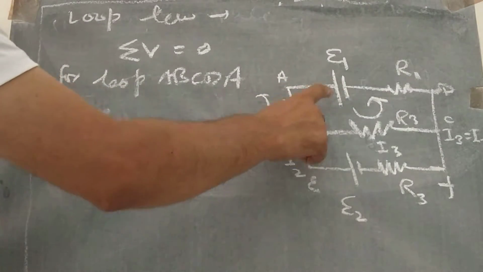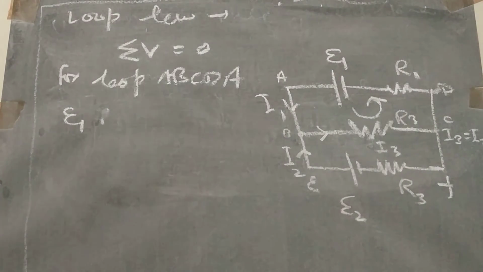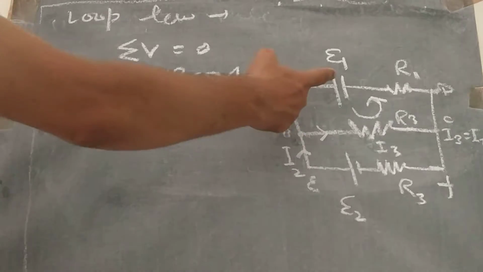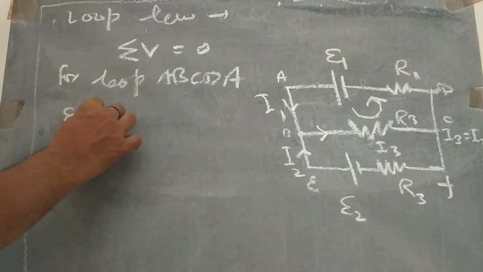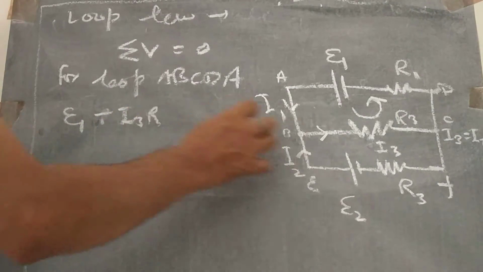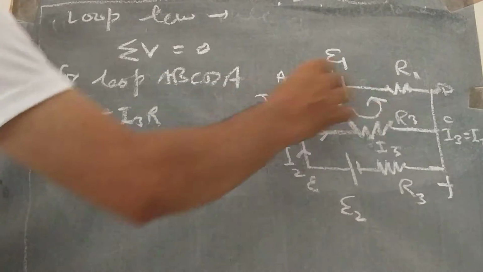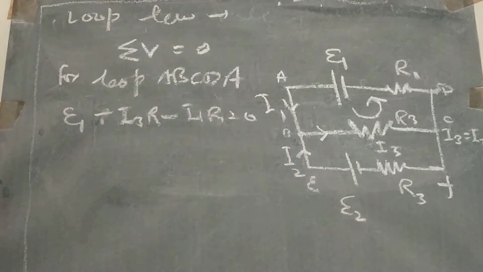In the increasing potential, voltage is taken to be positive, but in decreasing potential, voltage is taken to be negative. But I am starting from the positive, therefore moving in decreasing potential, therefore it will be I3 R3, again for resistance R1 minus I1 R1 equals 0.